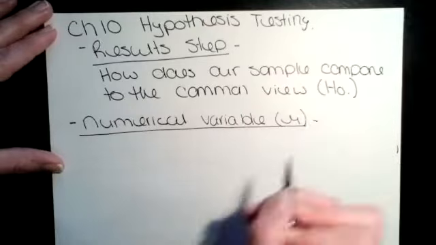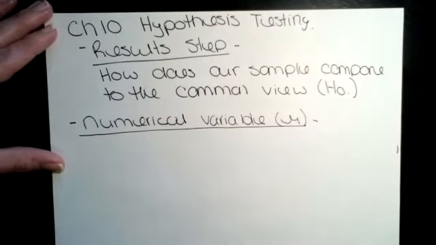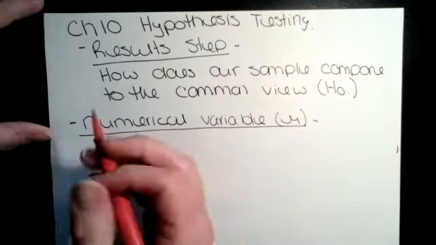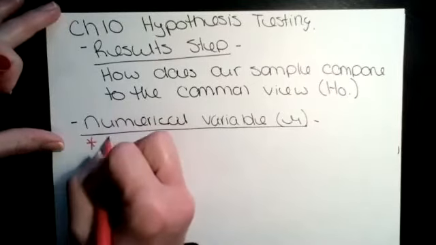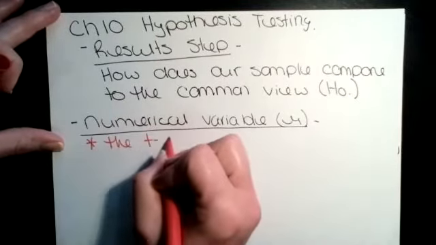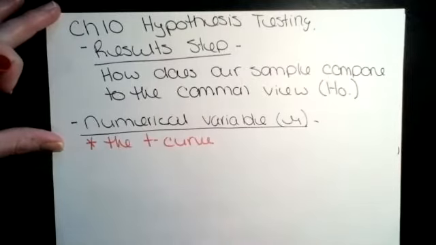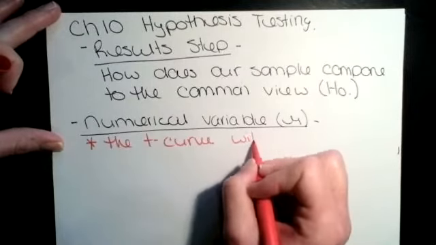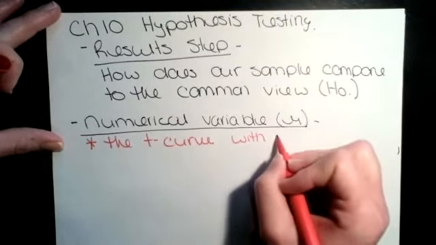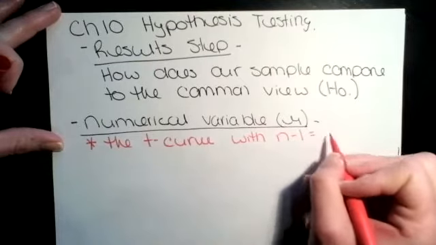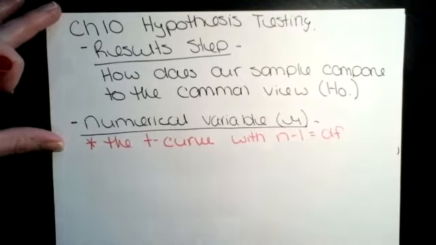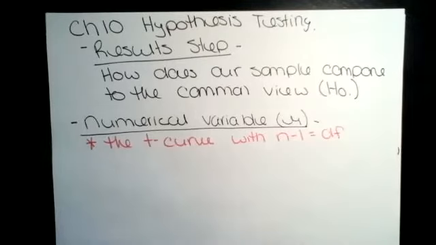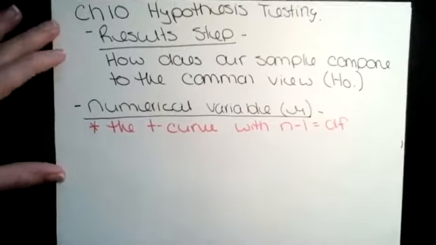So I want just to remind you here, we are studying the t-curve when we're looking at numerical data, and the t-curve changes shape with degrees of freedom, which is n minus 1. Okay, just like to keep in mind what curve we're studying, so we're going to start looking at that today.